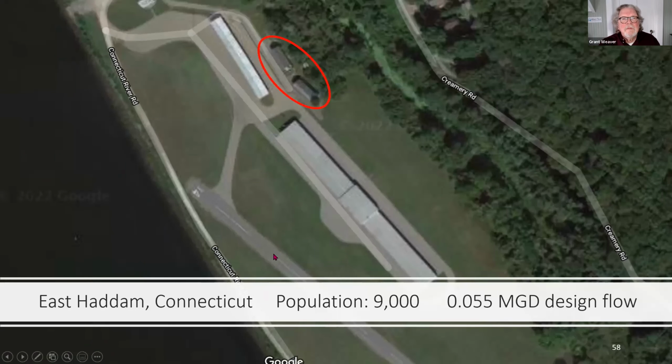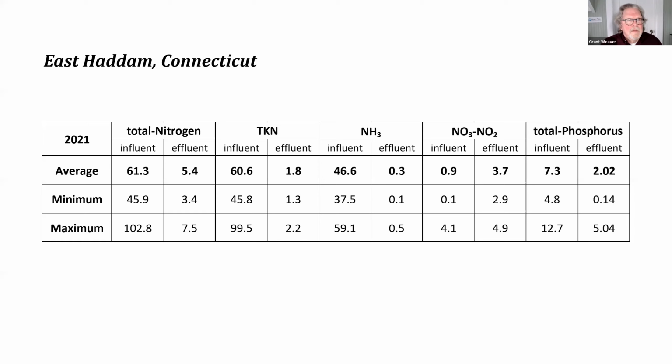And the treatment plant is inside two buildings. It's only a 55,000 gallon per day design treatment plant, so there isn't really anything to look at. So here are some numbers. Pretty high influent total nitrogen, 90+% removal of total nitrogen.